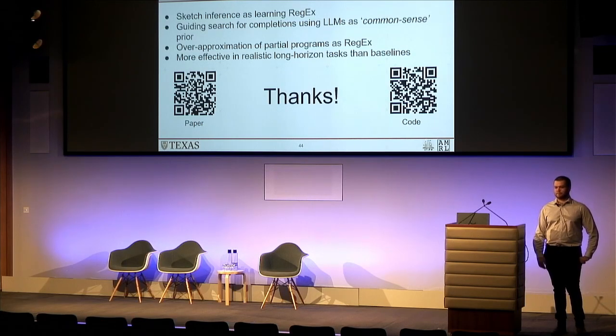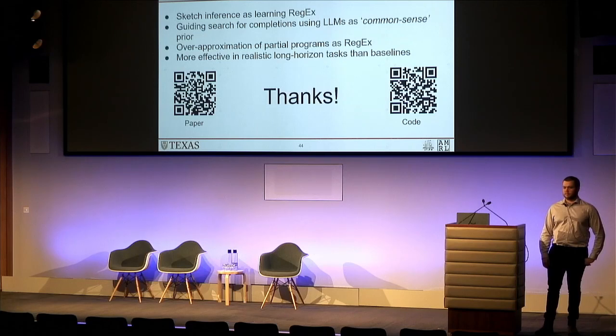Thanks for the talk. It's a very naive question on my part, but I was wondering whether regular expressions are actually expressive enough to capture a lot of the programs you would want to have. For example, regular expressions can't check if a string has the same number of A's and B's.